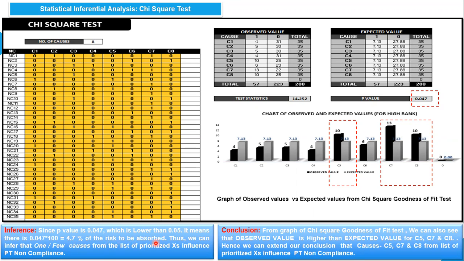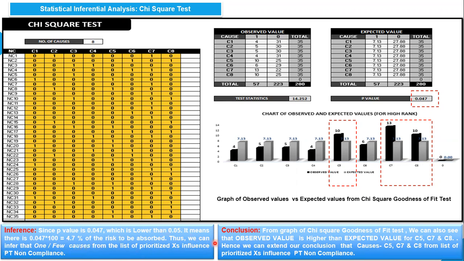The alternate hypothesis was that one or few of the critical causes from the CI matrix do have a statistically significant impact upon Y. So to accept this alternate hypothesis, we have to take the risk of 4.7%. Thus, we can infer that one or few causes from the list of prioritized excess influences PT non-compliance. So that's about the inference we have.